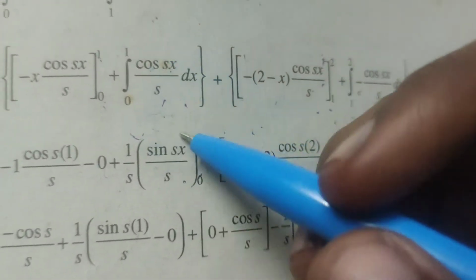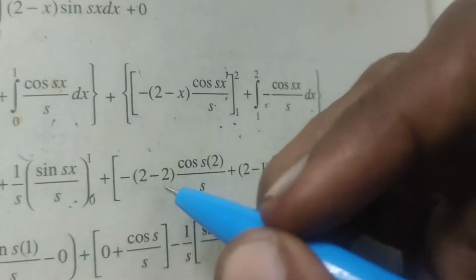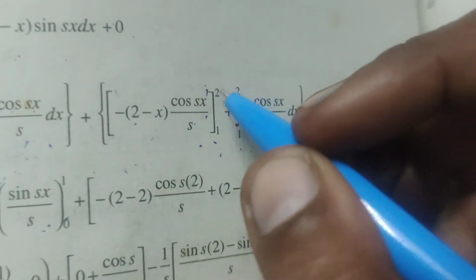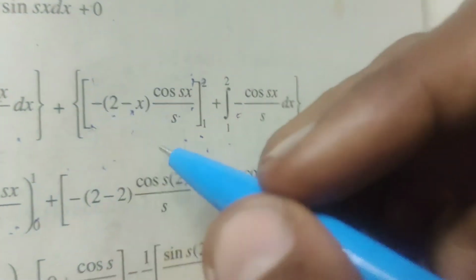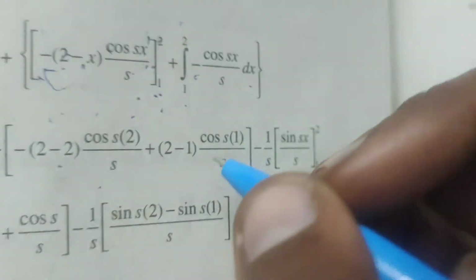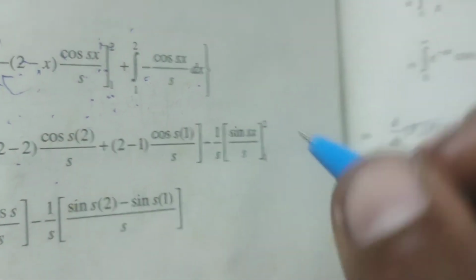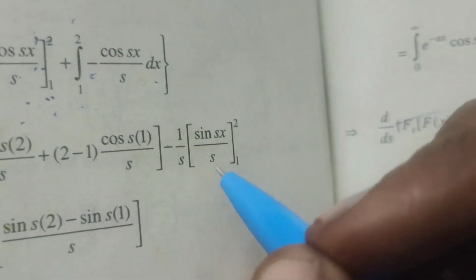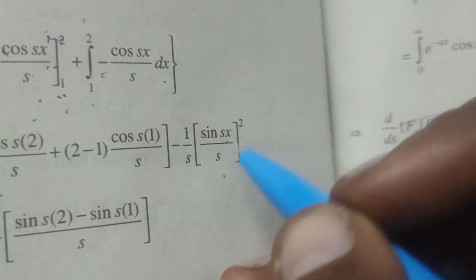Next, plus minus of, substituting the upper limit, 2 minus 2 cos s into 2 by s plus 2 minus 1 cos s into 1 by s. This is 1 by s into sin sx by s minus sin sx by s from 0 to 2.